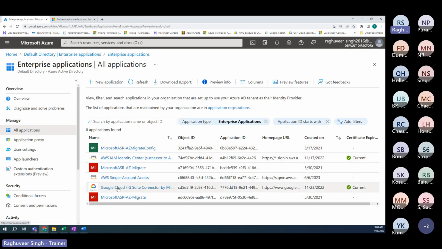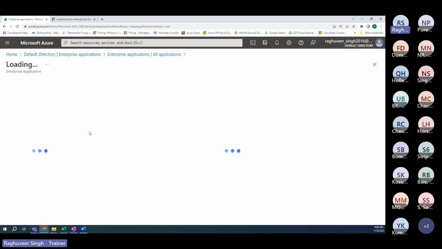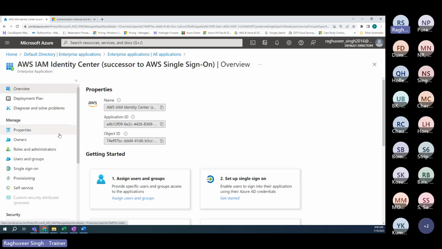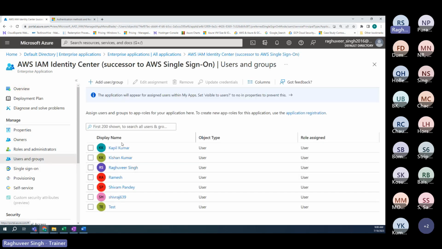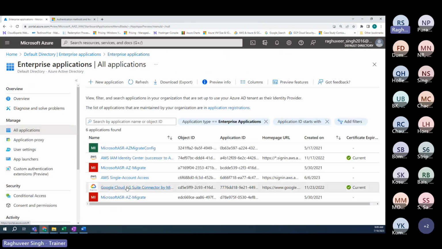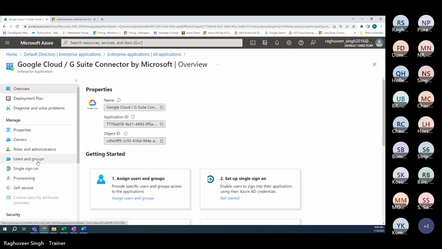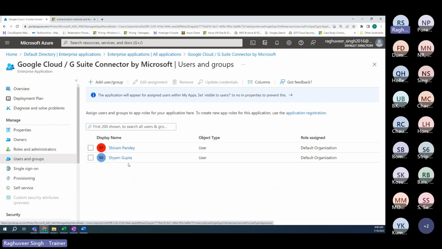By configuring a single sign-on here, you will just select your user that needs access to AWS. Here, the user information will be here. So, for example, these are the users from my directory who have access to the AWS account also. And similarly, these are the users from my directory who have access to Google Cloud accounts also.